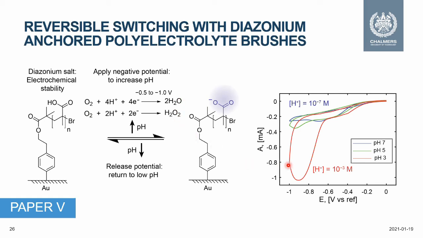By performing CV scans between 0 and -1 volt, we detected an electrochemical process at low potentials here, which showed a very strong pH dependence. And we verified that it was indeed these reactions by also purging the solution from oxygen, upon which the process disappeared.